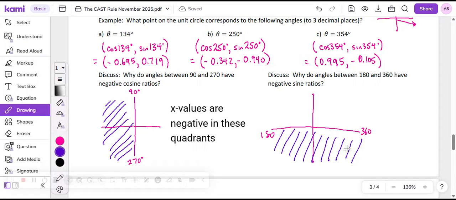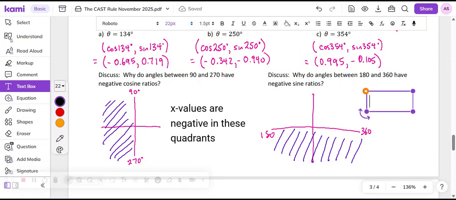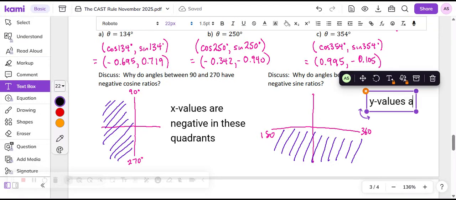Why is that? Because any point in these quadrants has a negative y value, because we're going down. The y values are all negative. So a similar point here: y values are negative in these quadrants.